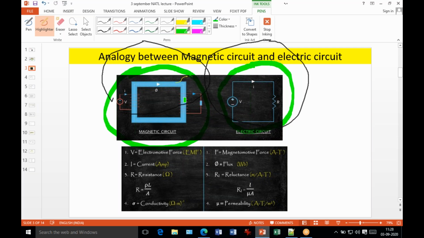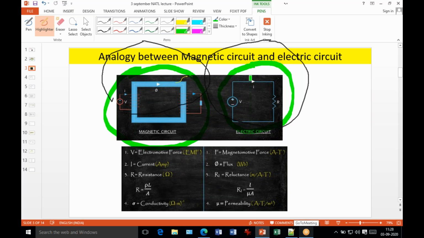If you understand the similarity between the magnetic and electrical circuits, then you can understand all the parameters of the magnetic circuit. So that is our agenda for discussing this slide.